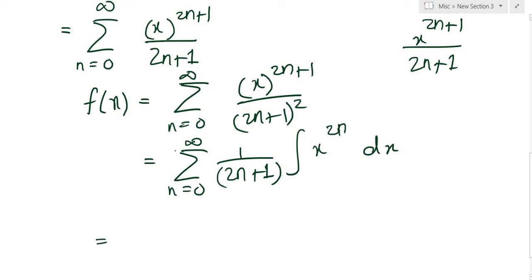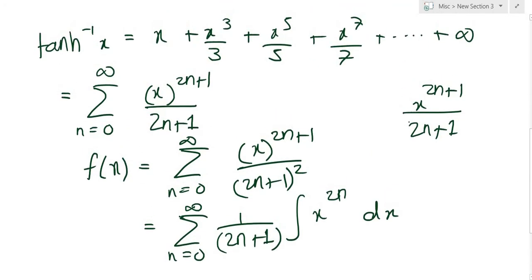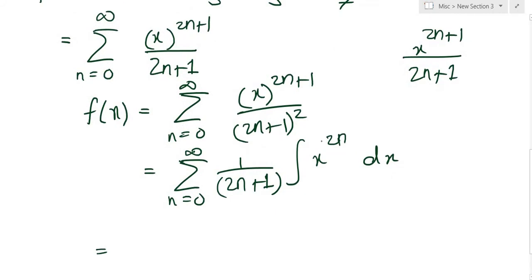I hope you understood. Okay, let me just explain it again. So we had our f of x this way, right? So we had to relate f of x to this hyperbolic inverse tangent in some way. So we had to relate this single denominator to a denominator squared. So one thing we could do is indefinitely integrate x to the 2nth power, because then you will have to apply the power rule, and by the power rule you have to increase the exponent by 1 and divide it by the new exponent.